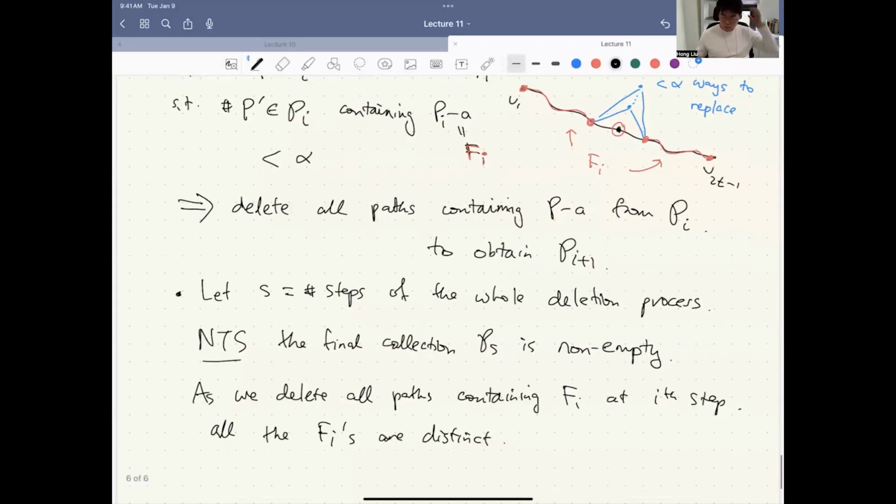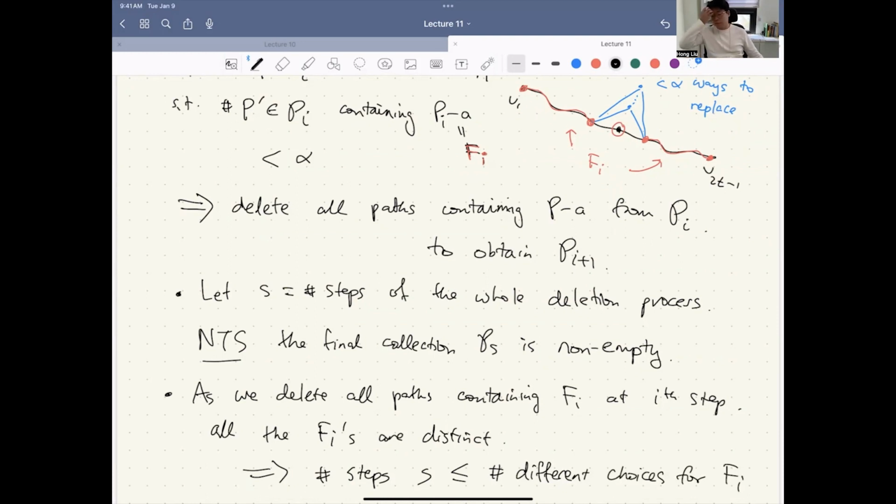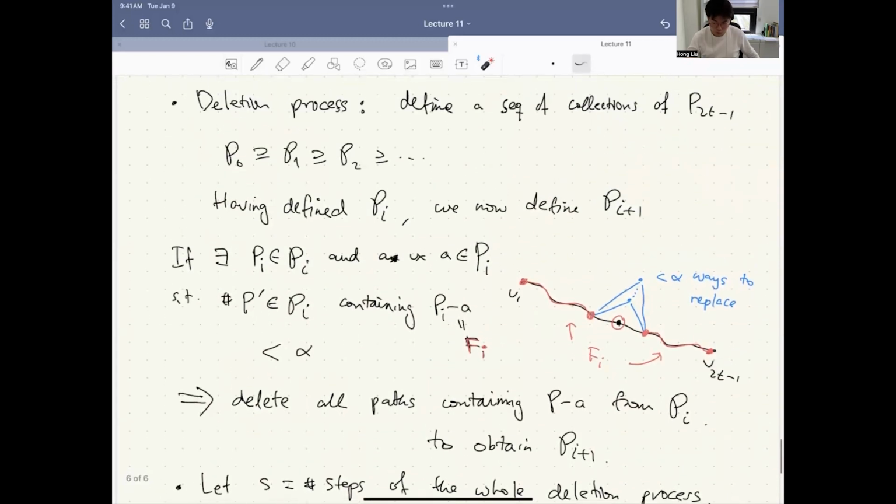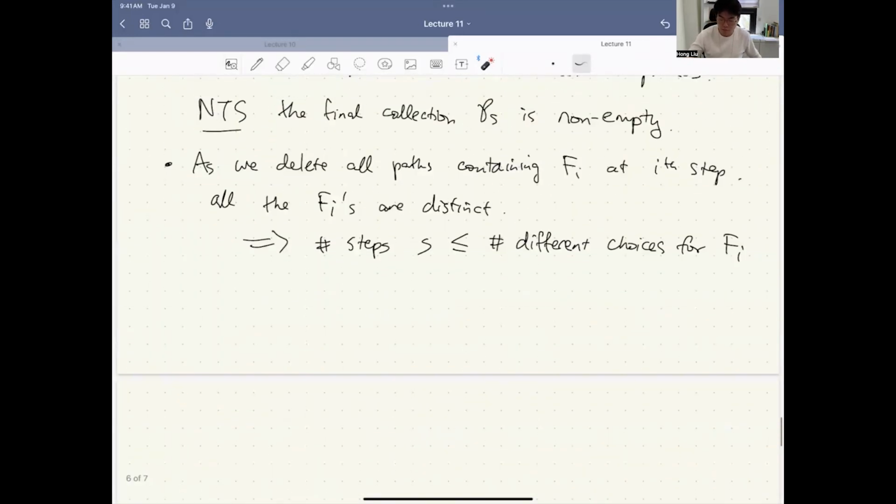So all we need to do is, that implies the number of steps S is at most the number of different choices for Fi. What is Fi? Union of two paths. So we just need to show the number of choices to choose a union of these two paths is not so much. That's the next claim.